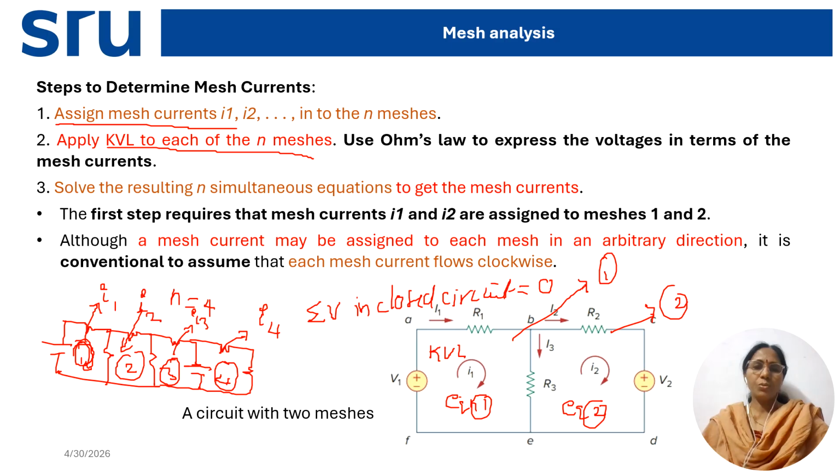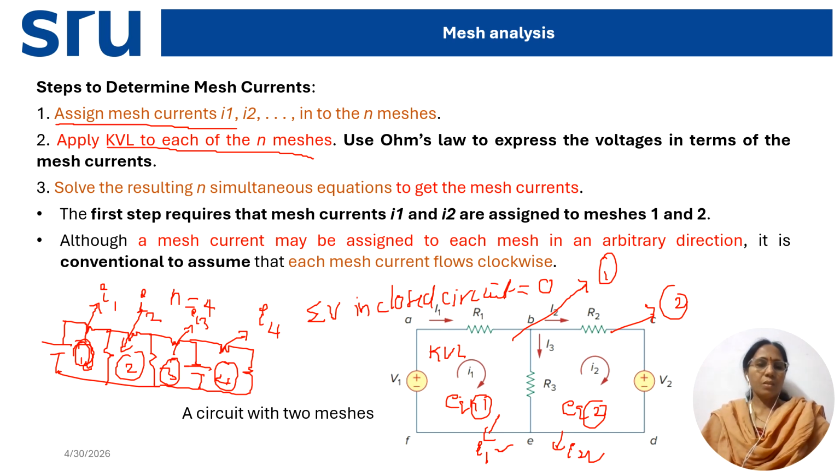Now solve these 2 equations so that finally you will get the loop currents I1 and I2, because with 2 unknown parameters I1 and I2, you have 2 equations. To get 2 unknown parameters, we should have 2 equations.